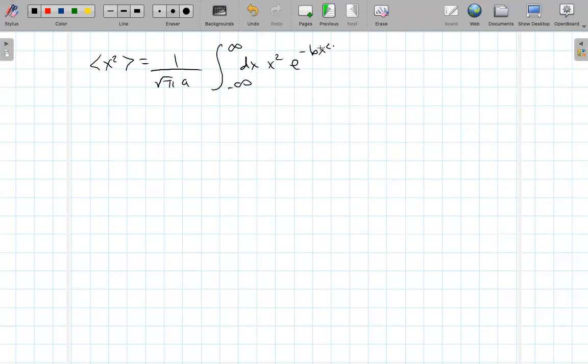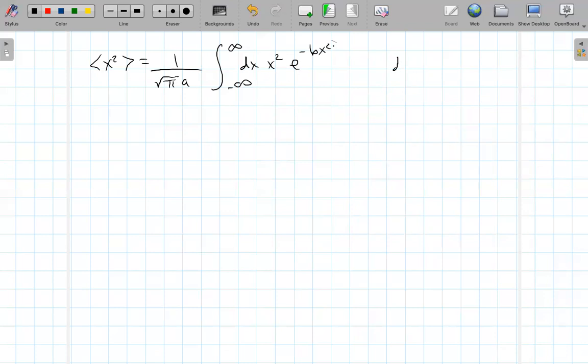Now, one thing I want you to note, and this is a trick I'm going to teach you guys, because learning new math tricks is always fun. Notice that if I had just the exponential here, if I took the derivative of the exponential with respect to b, that would actually pull down a negative x squared, right?